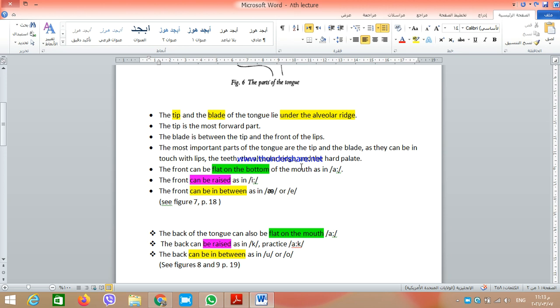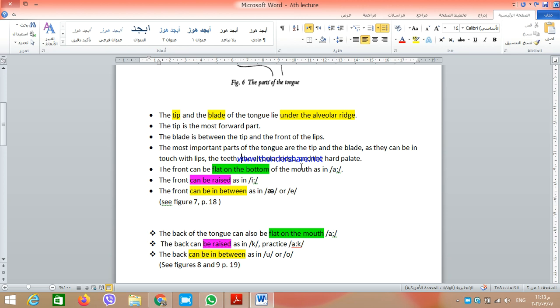With E, the front of the tongue is high in the mouth, and the mouth is not that open. Now I want you to try pronouncing A, E, A, E. You can clearly identify and feel the difference between A and E. In A, the front of the tongue is lowered. In E, the front of the tongue is raised.